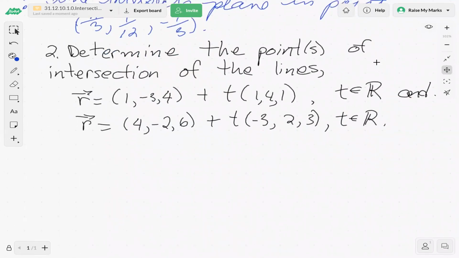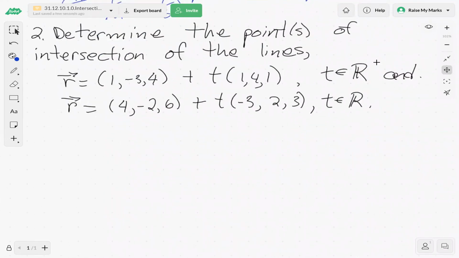Number 2: determine the points of intersection of these two lines. Now we have two lines and we want to see where they intersect. So we've got line 1 and line 2, and again we're going to write out the parametric form.